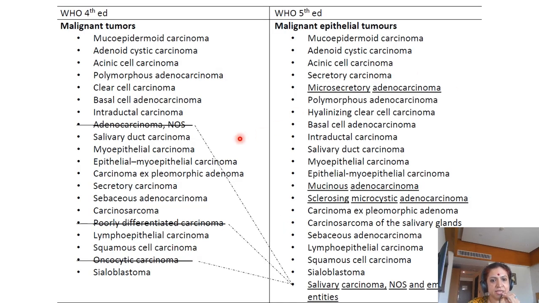So now you don't have adenocarcinoma NOS, poorly differentiated carcinoma, and oncocytic carcinoma separately; together they come under this new category of salivary carcinoma NOS and emerging entities. And you have these three newer entities: microsecretory adenocarcinoma, mucinous adenocarcinoma, and sclerosing microcystic adenocarcinoma.